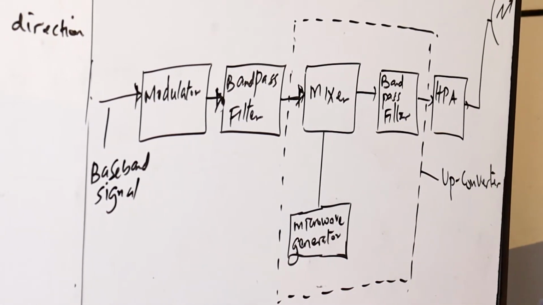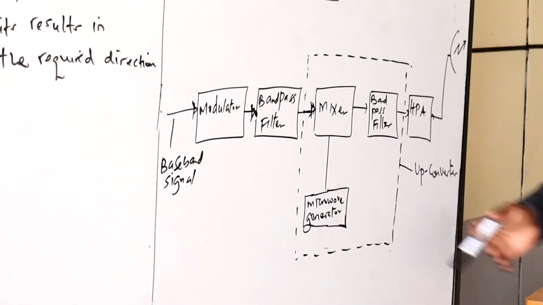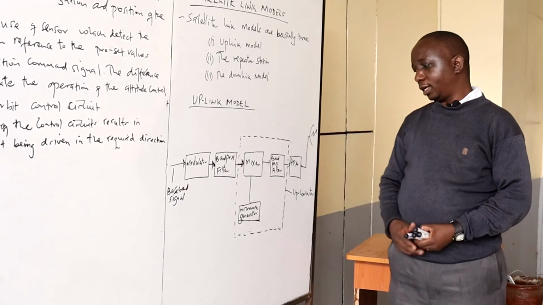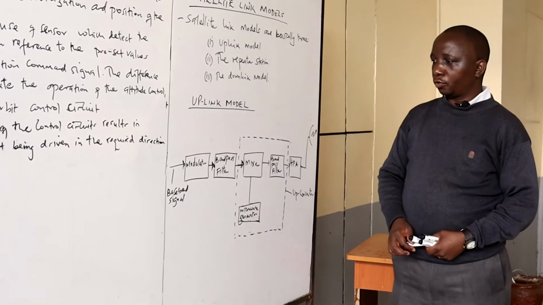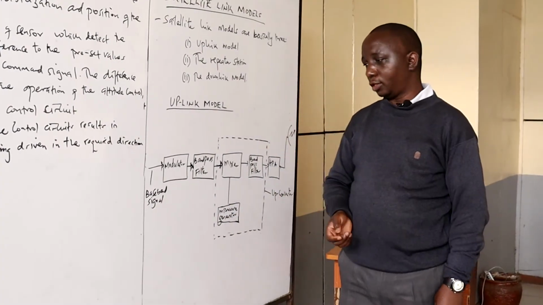So when we study this diagram, we're going to realize that we have got several units here that are involved in the uplink model. And this one happens at the satellite earth station. So the baseband is what we need to transmit to the distant end.